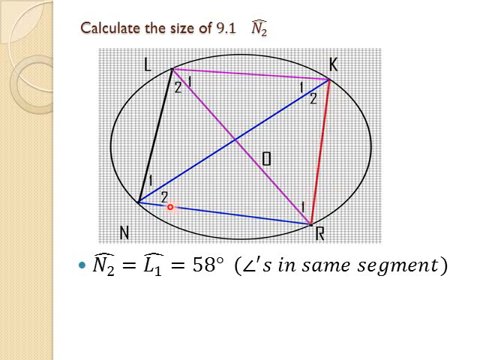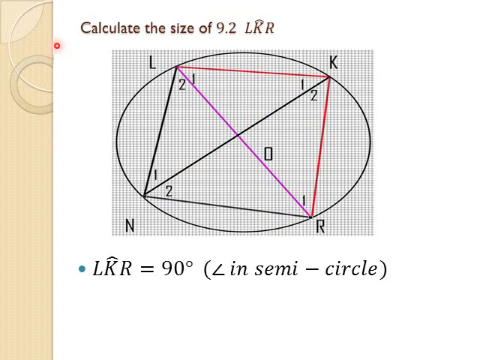So the chord KR forms N2 and the chord KR forms L1. Therefore L1 must equal N2, and my reason, angles in same segment. So if L1 is 58, N2 is also 58. Chord KR subtends both of them.